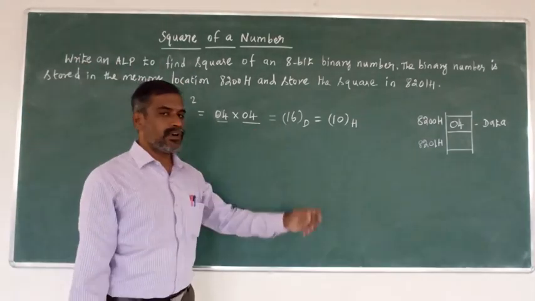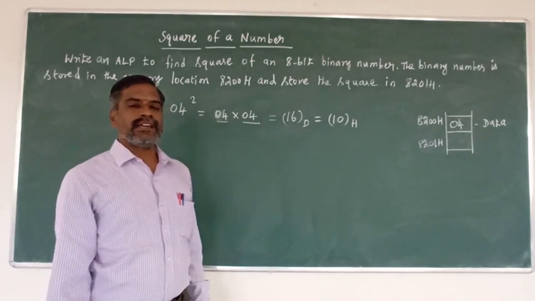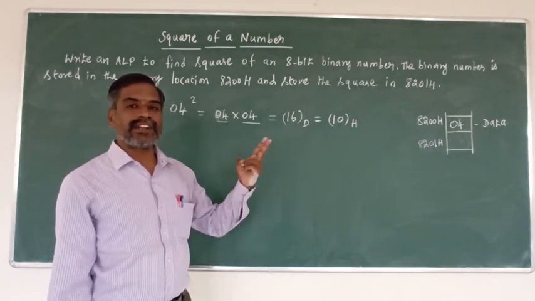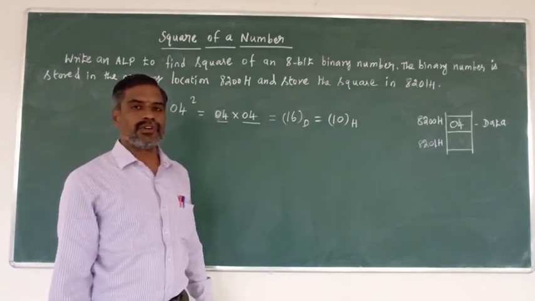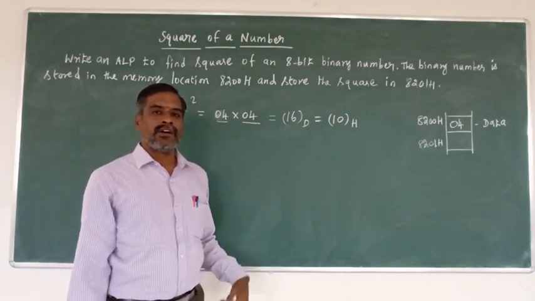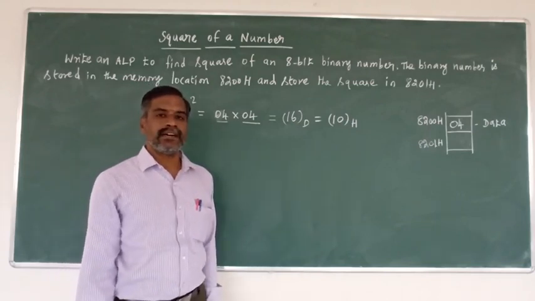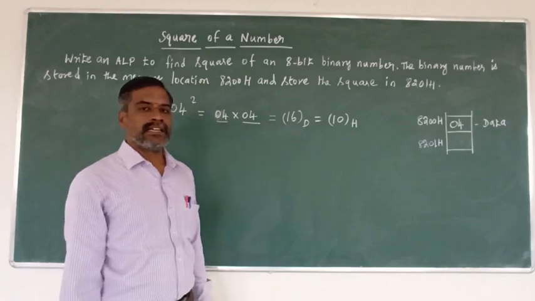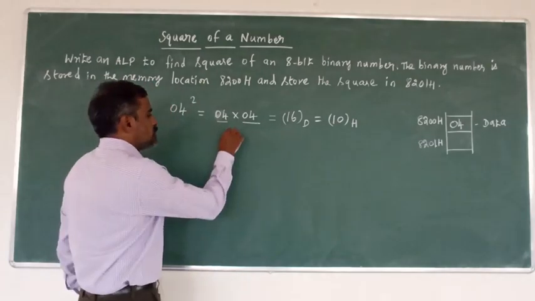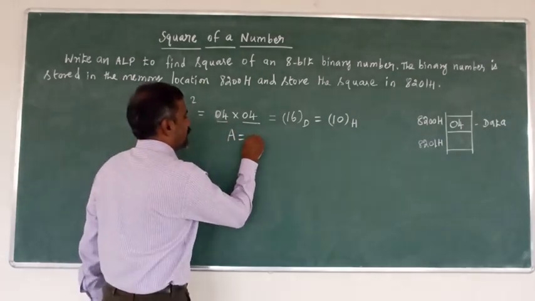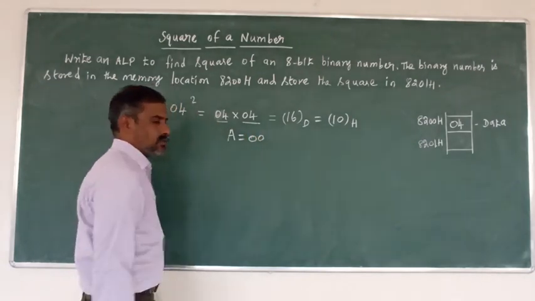The given number we move to two different registers, the same data. First, initially clear the accumulator content to 00. Why?